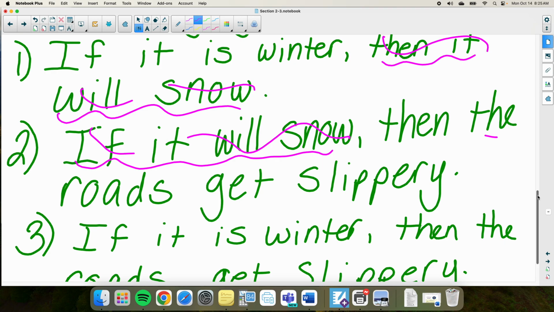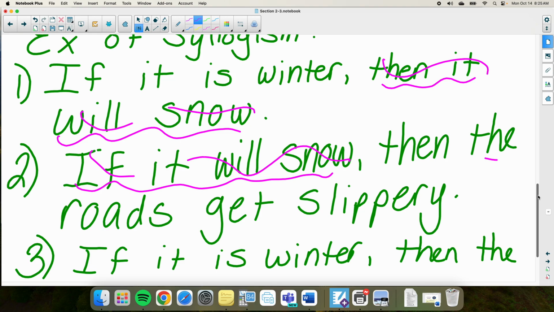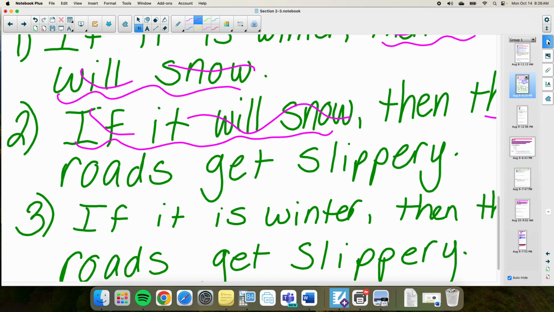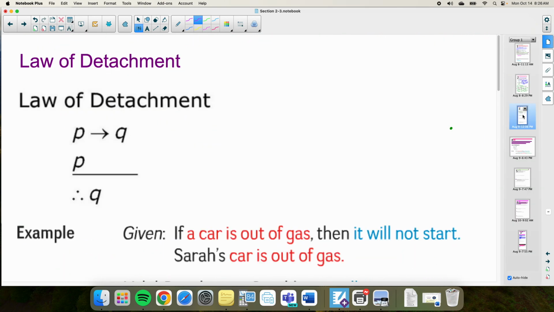Even if that statement doesn't make sense, we don't care about that. What we care about is, is the ending of this and the beginning of that the same? If they are, we cross it out and we say, if this, then that. Okay? All right, so let's go to this page.